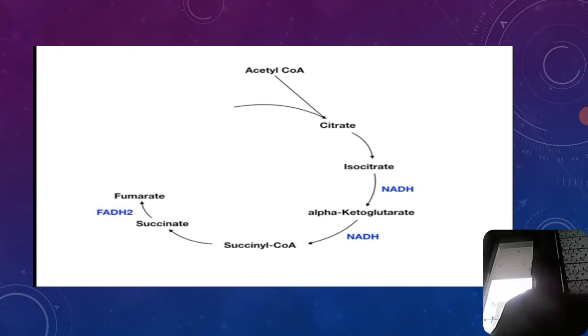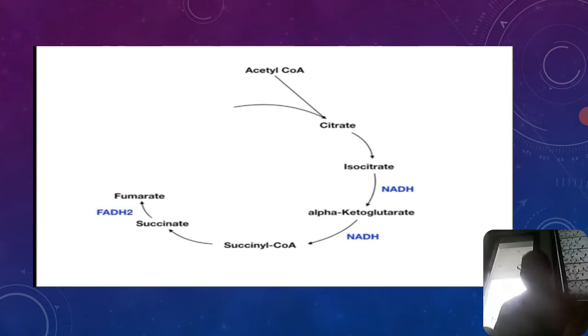And for the conversion of alpha ketoglutaric acid to succinyl coenzyme A, one more NADH is produced. The next step is the second oxidation step in the Krebs cycle, which converts alpha ketoglutaric acid to succinic acid through succinyl coenzyme A. Just now I told you, the alpha ketoglutaric acid is converted into succinate through succinyl coenzyme A.